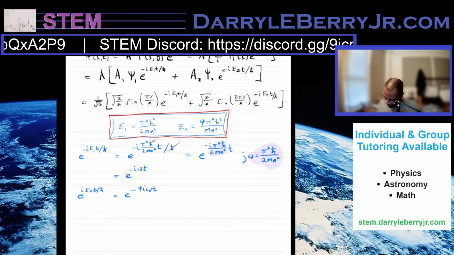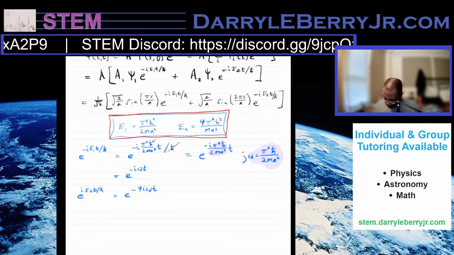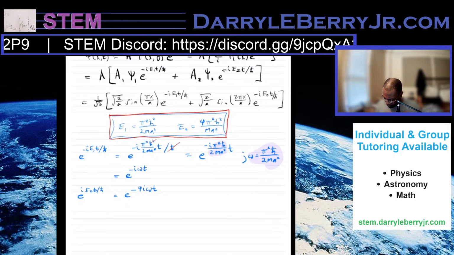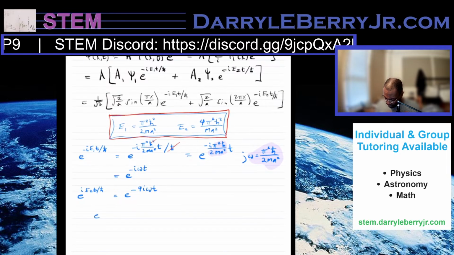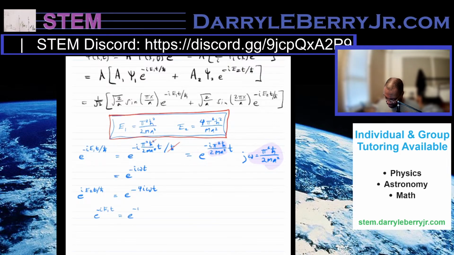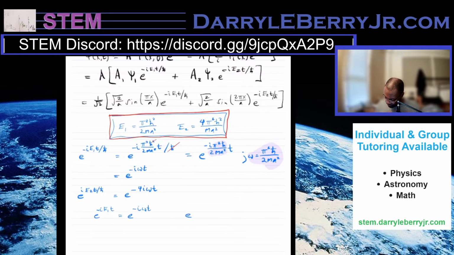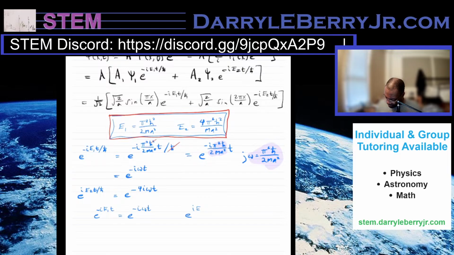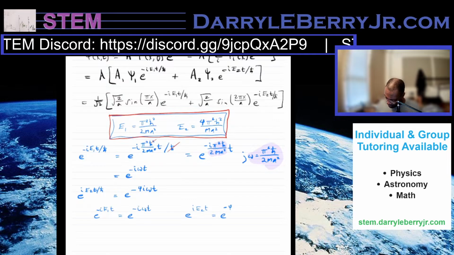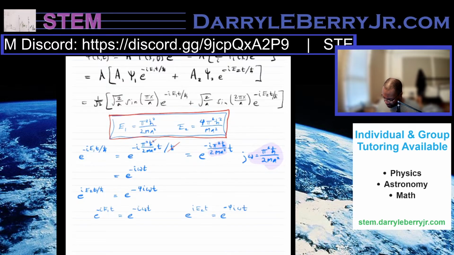It's 4 times the first one. That's the thing. Hold up. It doesn't linearly change. So therefore, e to the negative i E1 t equals e to the negative i omega t, and e to the negative i E2 t equals e to the negative 4i omega t.